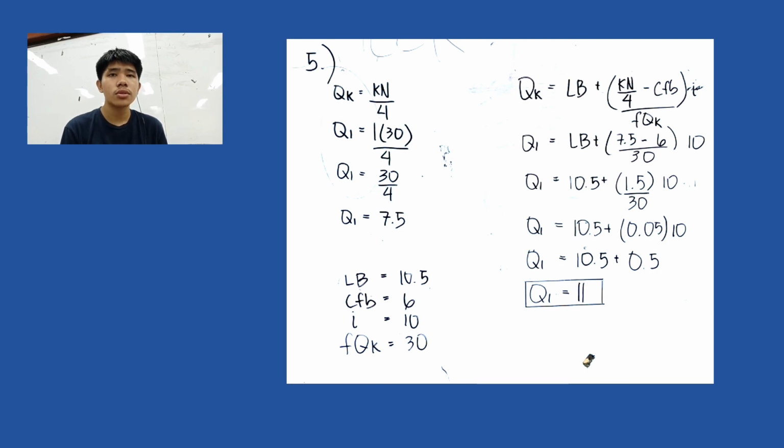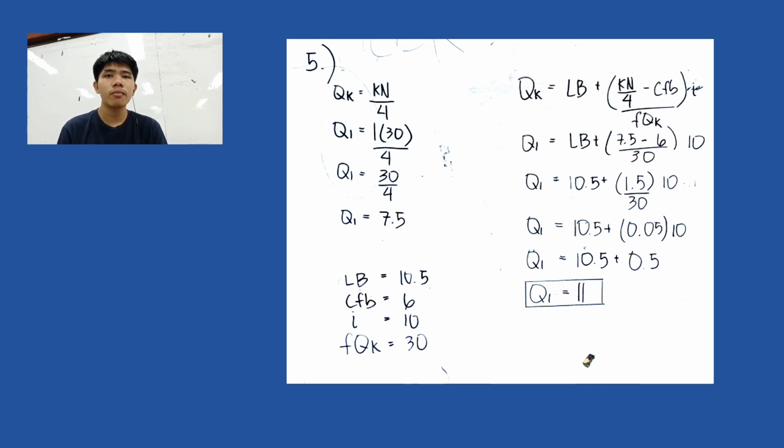Substitute. Q sub 1 is equal to 10.5 plus 7.5 minus 6 divided by 30 times 10. Solve for the numbers within the parentheses. So 7.5 minus 6 is equal to 1.5. Q sub 1 is equal to 10.5 plus 1.5 divided by 30 times 10. So 1.5 divided by 30 is 0.05.